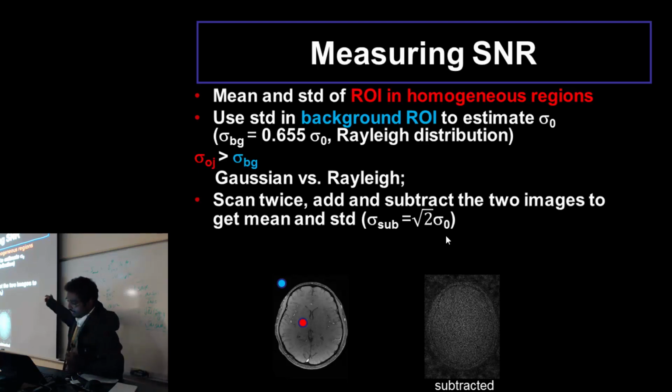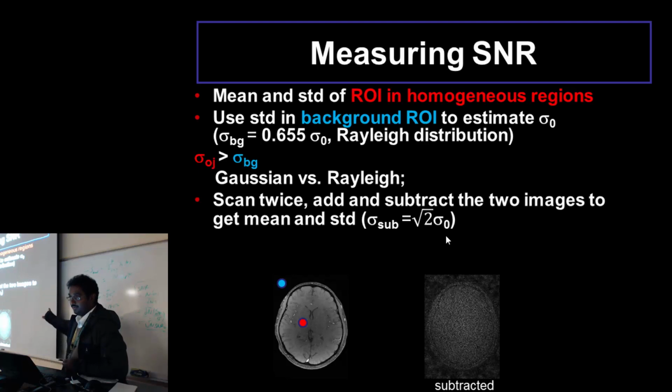That's why you have the square root of 2 sigma naught when you subtract 2 acquisitions. You can measure the noise variance from here and then estimate the noise variance for the single acquisition.